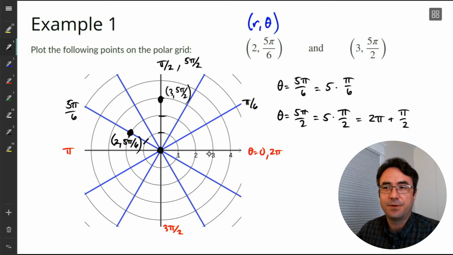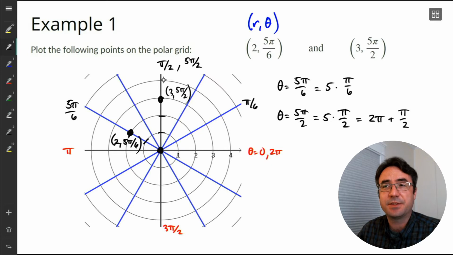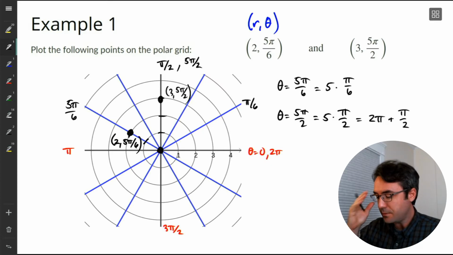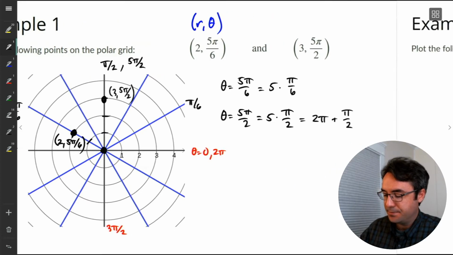So we started on the polar axis, we went 1 time around the origin, so we're back to where we started, and then we just kept going another pi over 2. So that gave us the ray 5 pi over 2, which really is describing the same section here as pi over 2. All right, let's try another example.